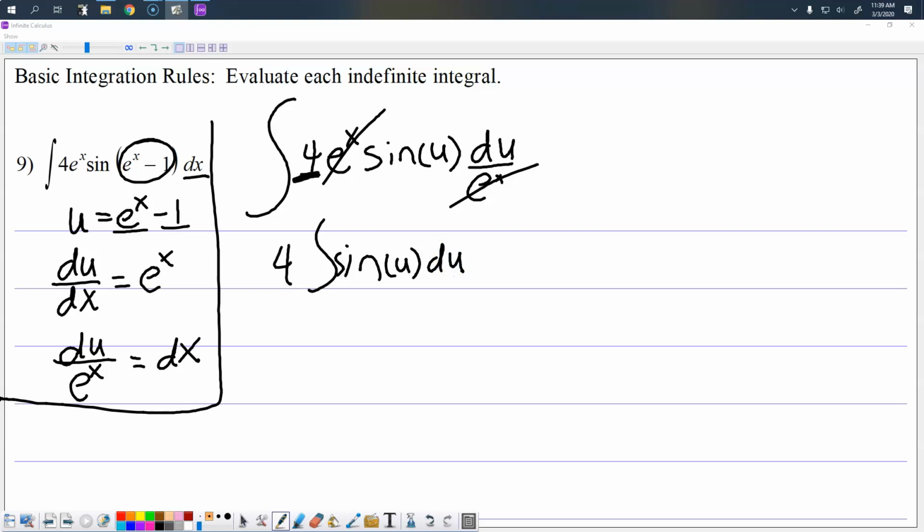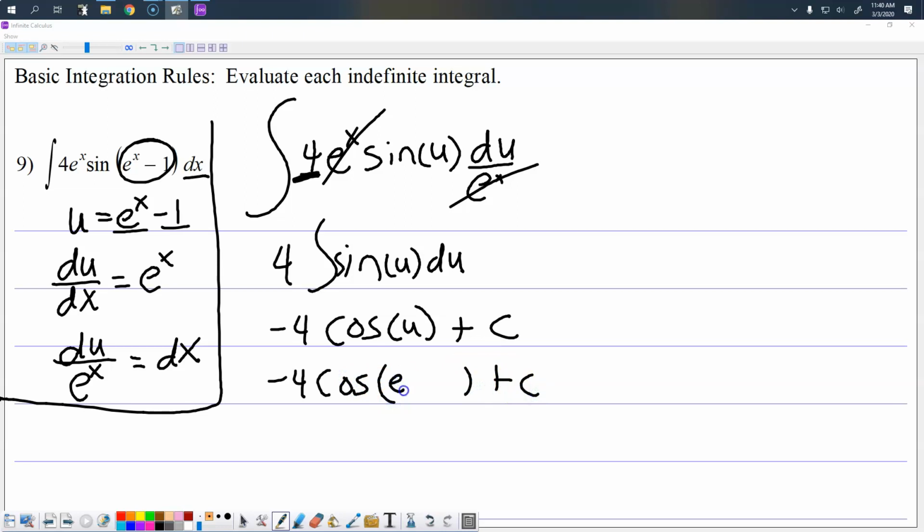And the integral of sine is cosine. I believe it's negative cosine though, right? Is that right? Yeah. And then we go ahead and do our u substitution, which is e to the x minus 1.